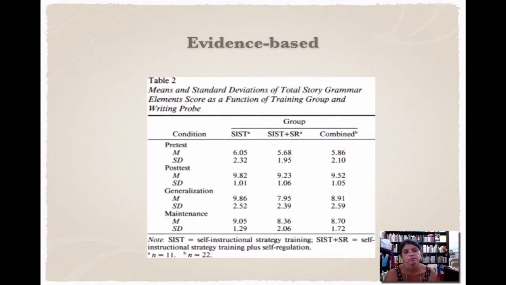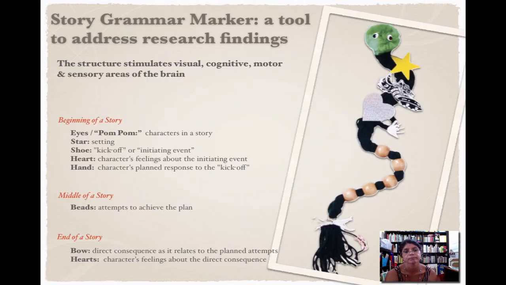So, Story Grammar Marker is an evidence-based tool. Over on the right-hand side of the screen, you'll see an example of Braidy, which is the tool used in this entire process.